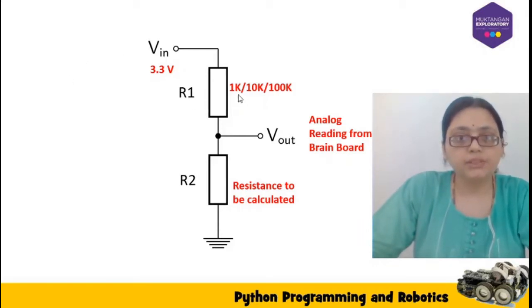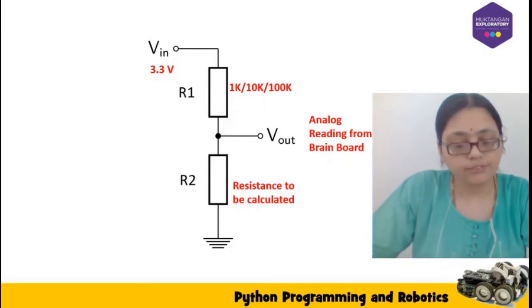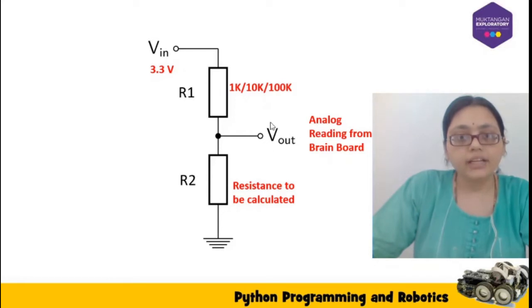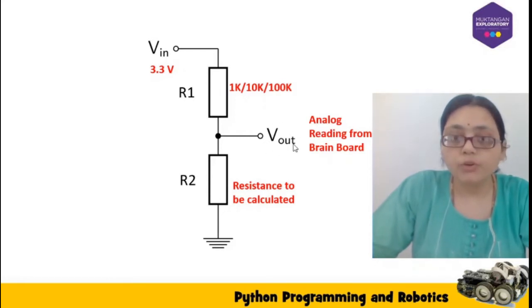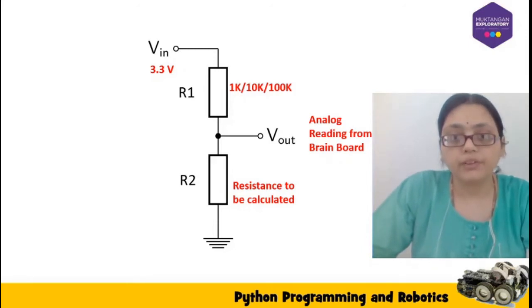I'm going to choose between 1K, 10K or 100K. Then this is the supply voltage Vin, 3.3 volt in our case, because that is the rated voltage for our brain board. And then we are going to read this Vout voltage through our analog pin on the brain board.